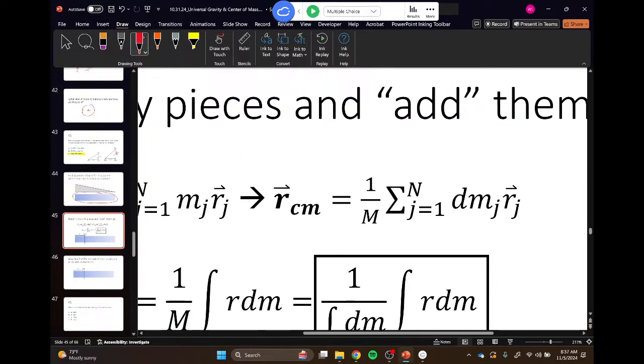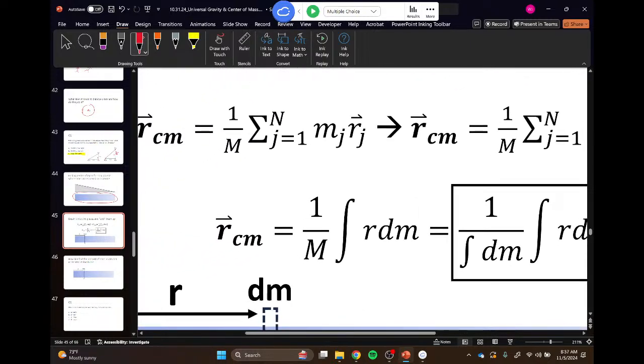Well, how do we make an infinite number of them? We make them infinitely small. Infinitely small means that m turns into a dm. dm is just a mass that's infinitely small, really, really, really small mass. Great. Get rid of the summation and make an integral sign. Ta-da!